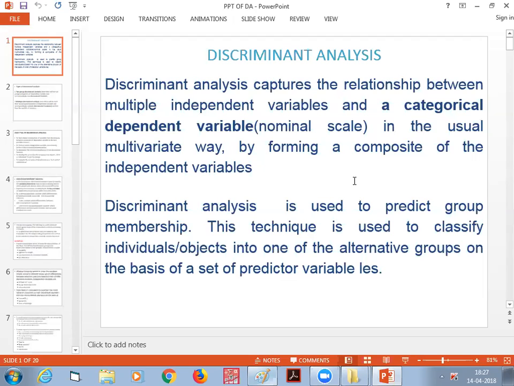Their quarterly profit is also high, whereas some other nationalized bank may have less. So what are the parameters which influence a bank to become a high performance bank, meaning a large bank or a small bank? So we can use this discriminant model.